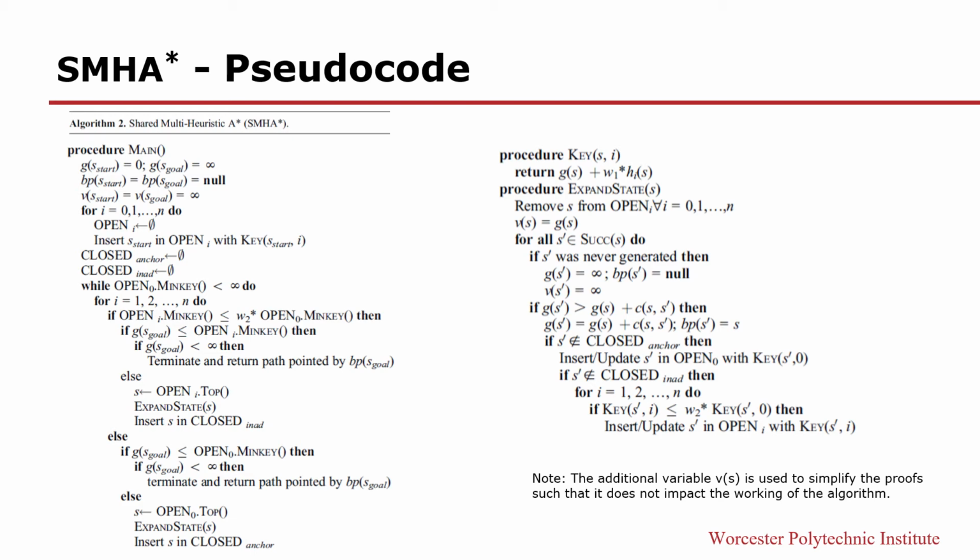The main function is similar to the independent multi-heuristic A star, and it will use each inadmissible search in a round-robin manner to perform the search. Also, it uses a weight W to prioritize the inadmissible search. If the goal path is generated, then the search is terminated and the path is returned by the back pointer.